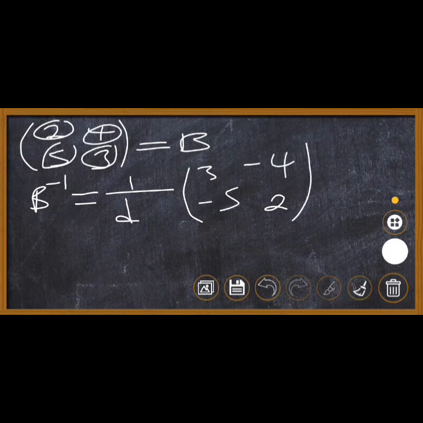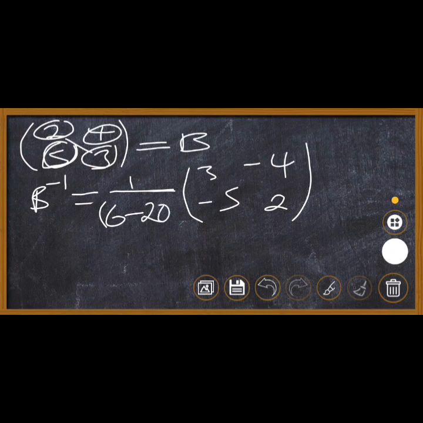So in this case, where there is the determinant here, let me find its value. To find the determinant, you multiply the major diagonal, that is 2 multiplied by 3, which of course is 6, and then you subtract the minor diagonal, which is 5 multiplied by 4, which of course is 20.